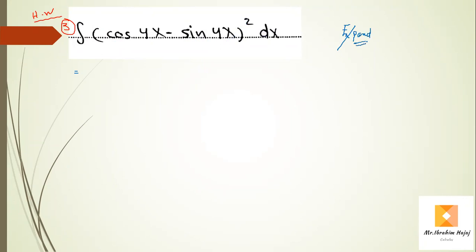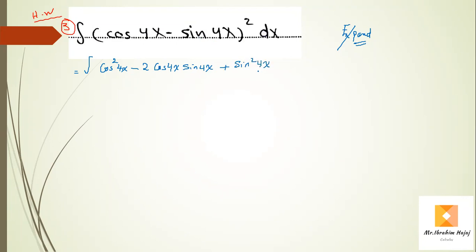So it becomes cosine squared 4x minus 2 cosine 4x times sine 4x plus sine squared 4x.